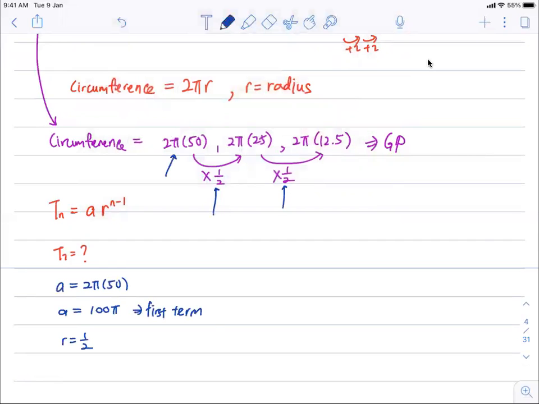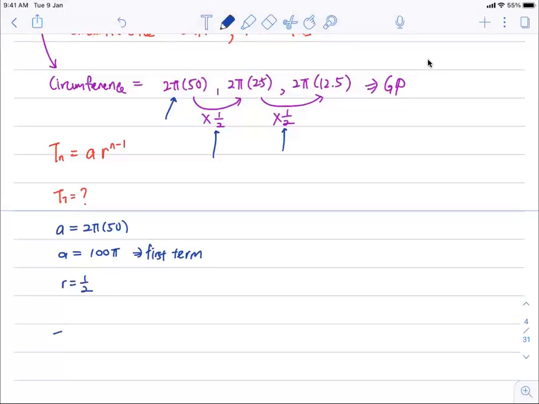We substitute in A and R. A is 100 pi. R is 1/2. So note that the n is 7 because we want to find the 7th term. So the power 7 minus 1.